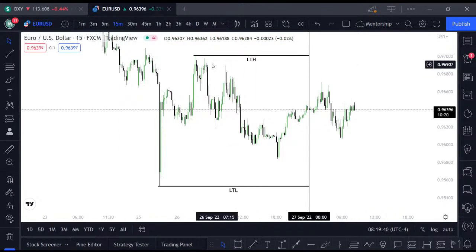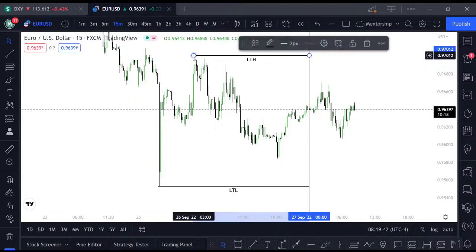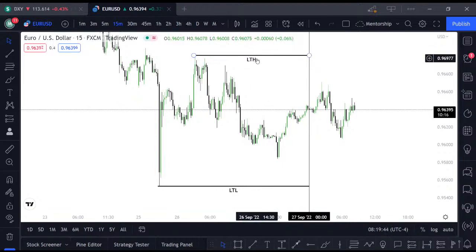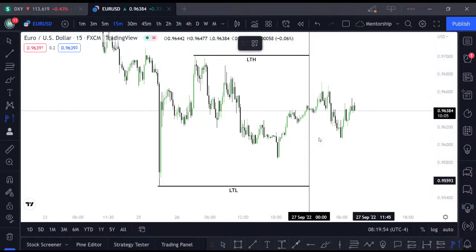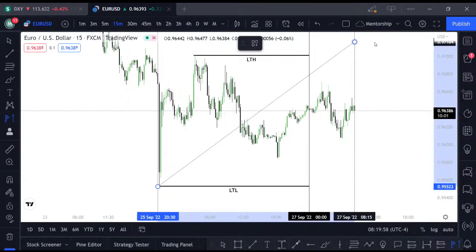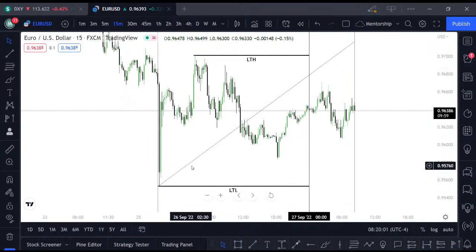I want to look at low volume nodes between the long-term high and the long-term low. That is why I've marked these two. Very simple. I will bring my volume profile tool and place it there on the euro dollar.